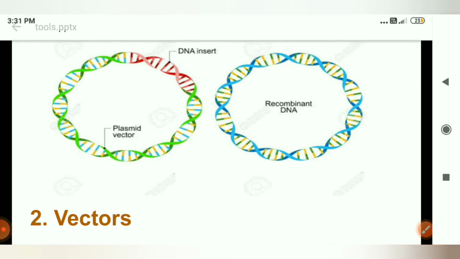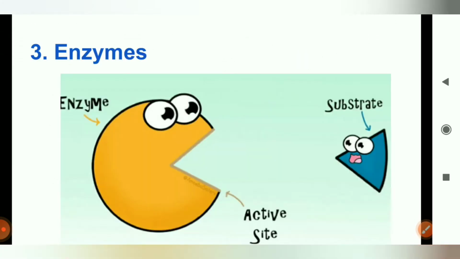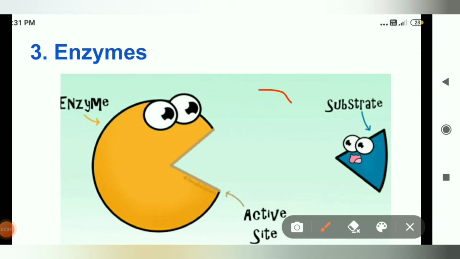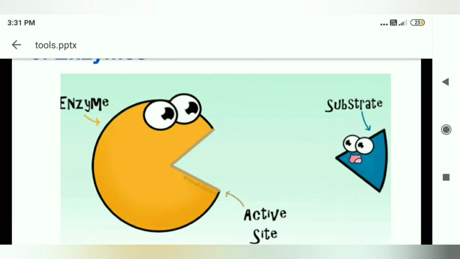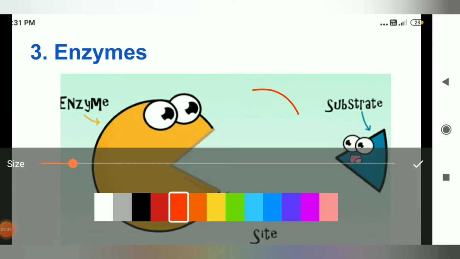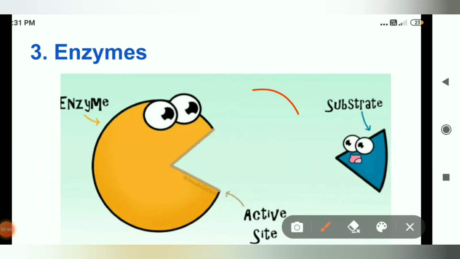Then the third component which is required is enzymes. As we have isolated a DNA fragment, then ligated this DNA fragment into a vector, and this is known as a recombinant DNA molecule.